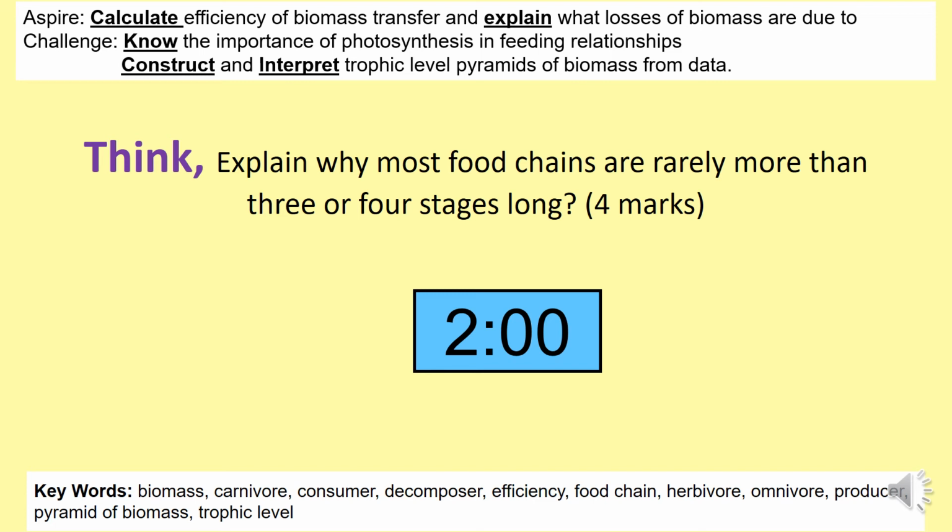It's the odd 5 that I can think of, but they're very, very rare. So you've written the question down. You have got 2 minutes to write down 4 bullet points or to write in general open prose to explain why they're rarely more than 3 or 4 stages long. What happens to prevent them being longer? 2 minutes.